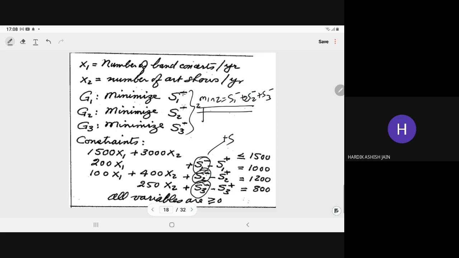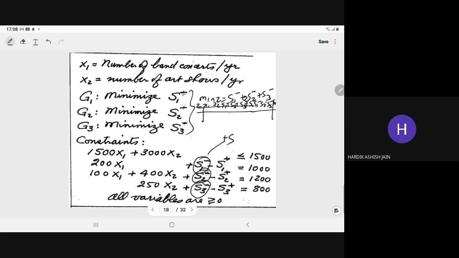So in this case, when we make the table, here we have the z, right? And here we have x1, x2, s1 plus, s2 plus, s3 plus, s, s1 minus, s2 minus, s3 minus, and on the right hand side we have the solution. So in this way we have the table.